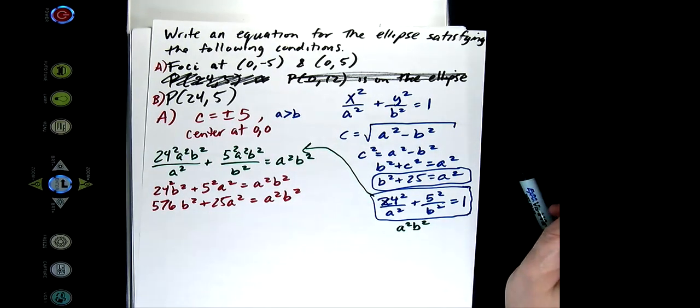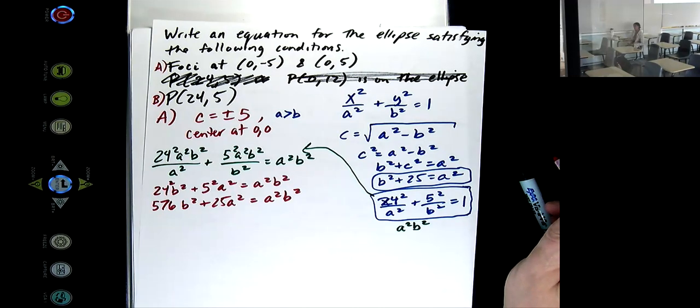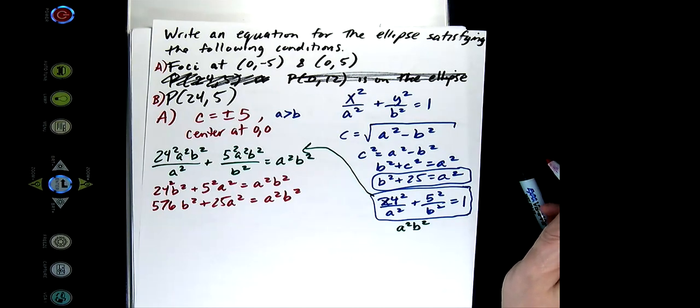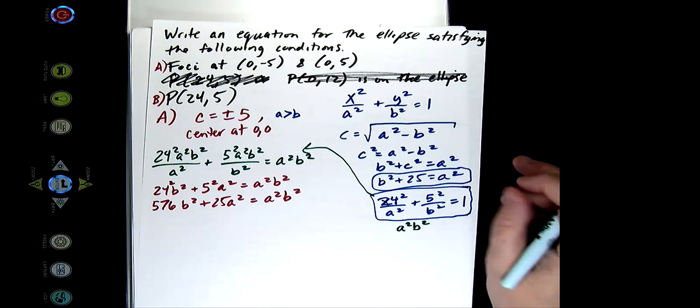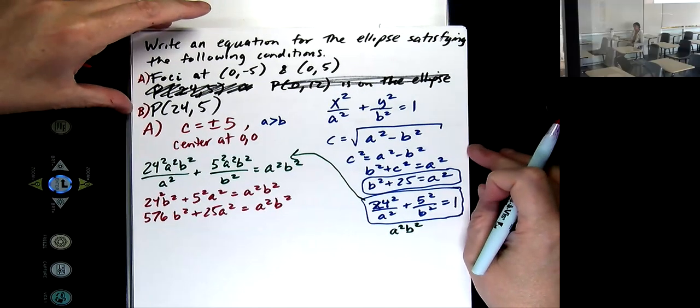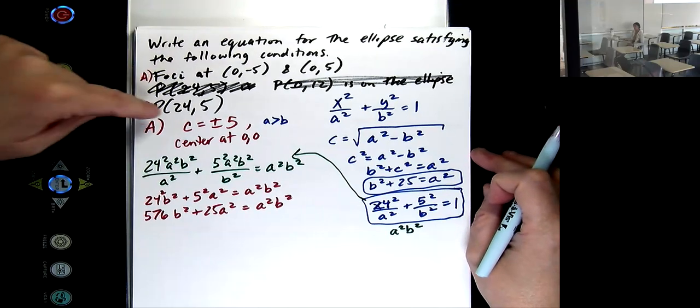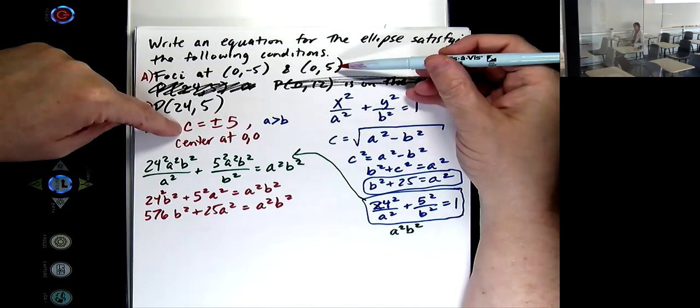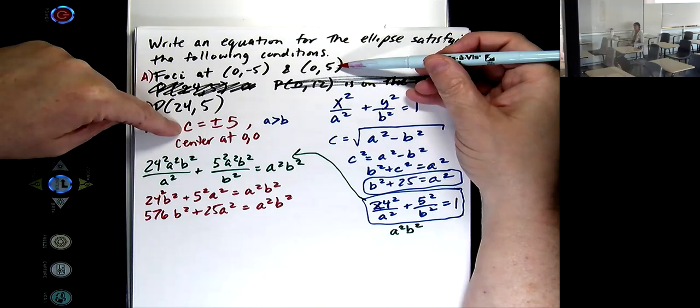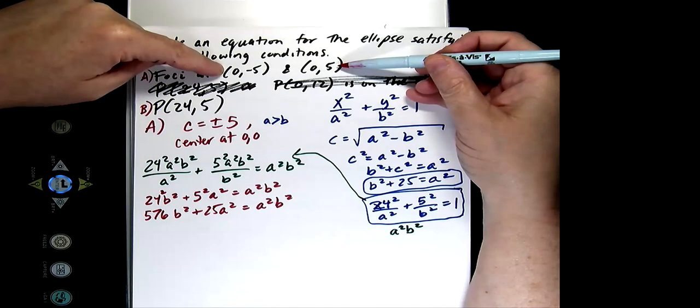I have a question. You said the major axis is along the x because a is greater than b, right? I said the major axis is along x because the foci are along the... I said that all wrong. They're along the y-axis, aren't they? Yeah.